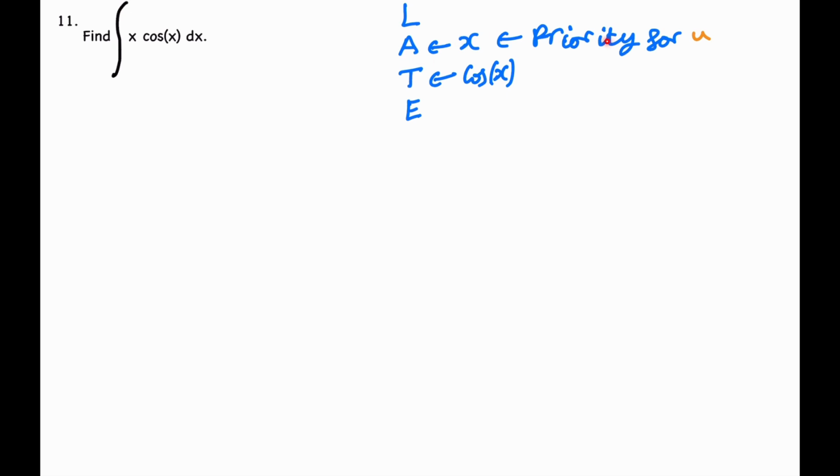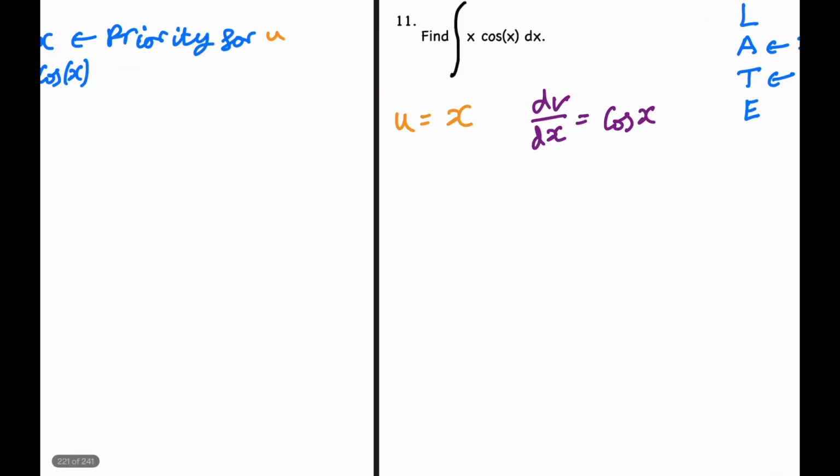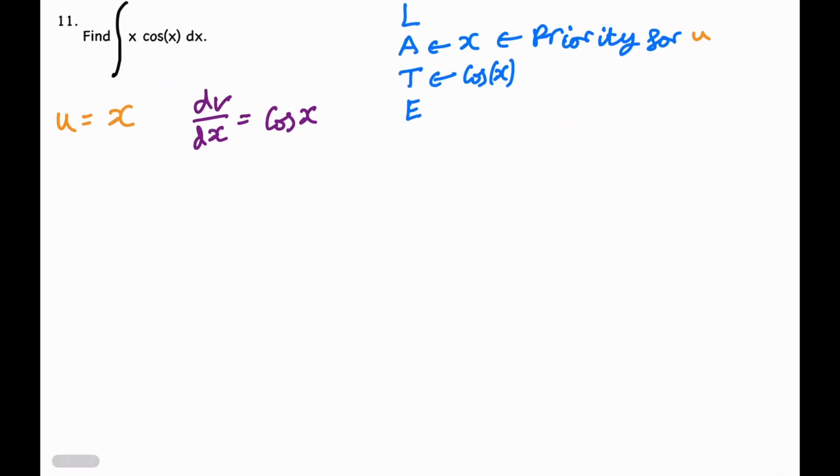Your x is algebraic and your cos x is trigonometric, so the x gets the priority to become u. So you make your u equal to x and your dv over dx equal to cos x, because u gets the priority.